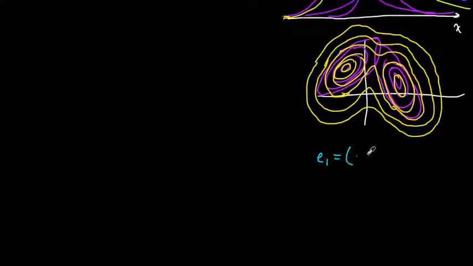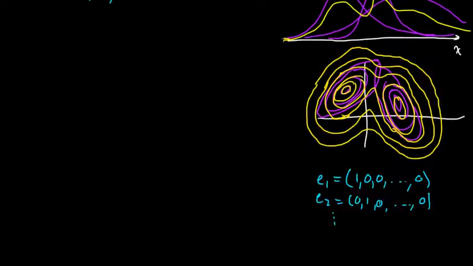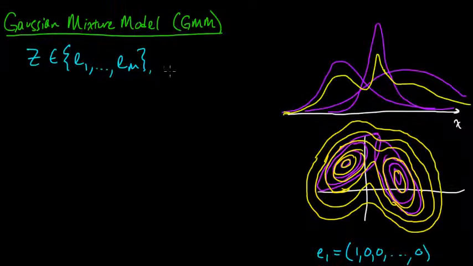So e1 is one standard basis vector in R^m, e2 is 0, 1, 0, and so on. So z is one of these vectors, and let's say that z equals ek with probability alpha k. So the alpha k's are a PMF on this finite set.